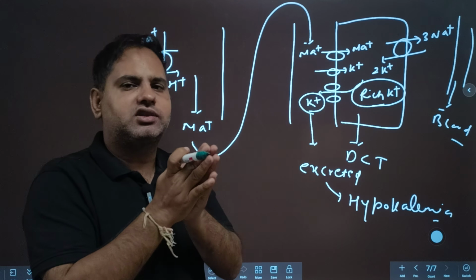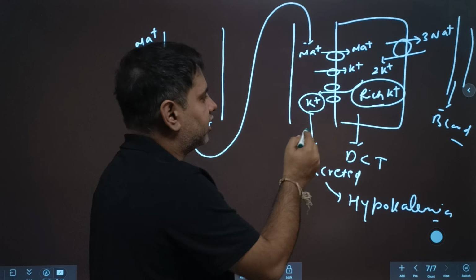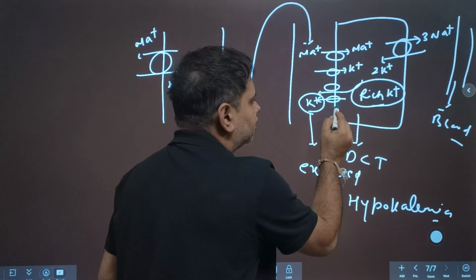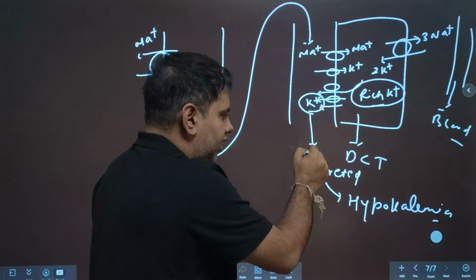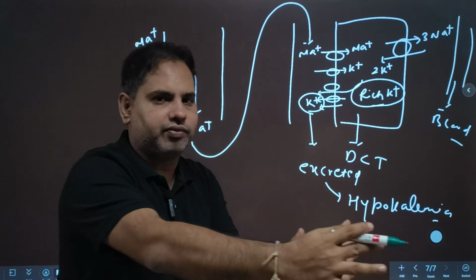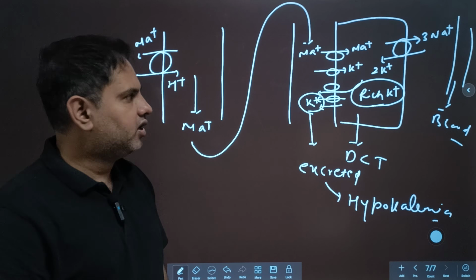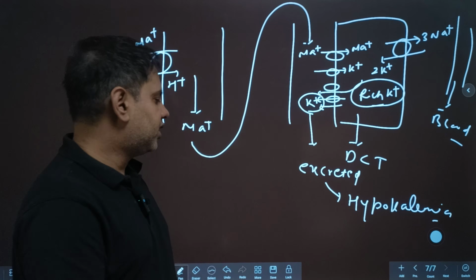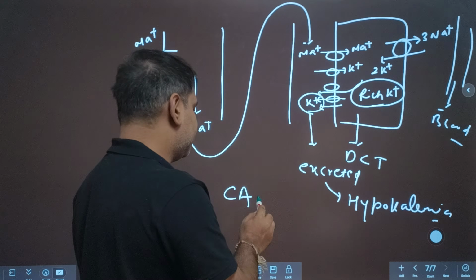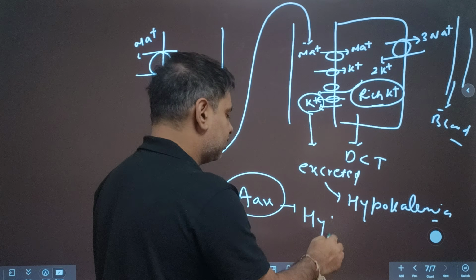When the potassium concentration inside the cell is too much, it is going to leak out. There are leaky channels for the potassium. It goes to the luminal side, and it can be excreted from the body, and could result in hypokalemia, right? This is the concept of how carbonic anhydrase inhibitors result in hypokalemia.